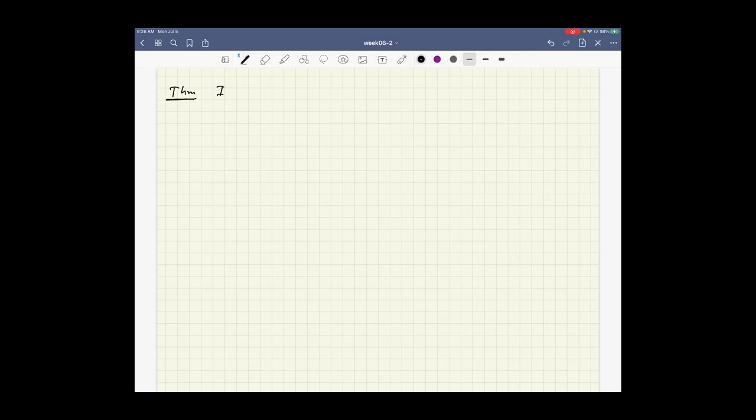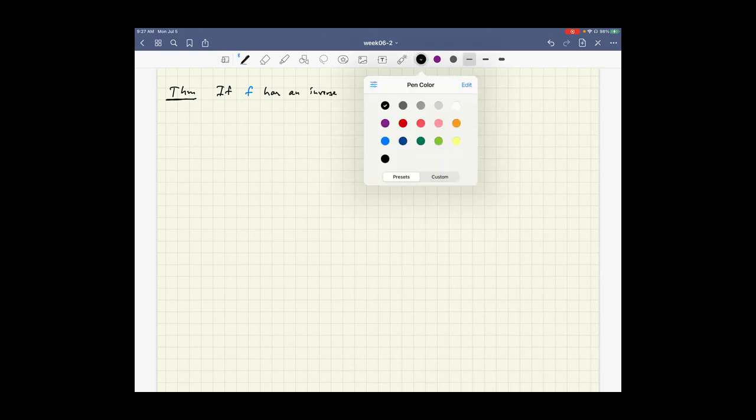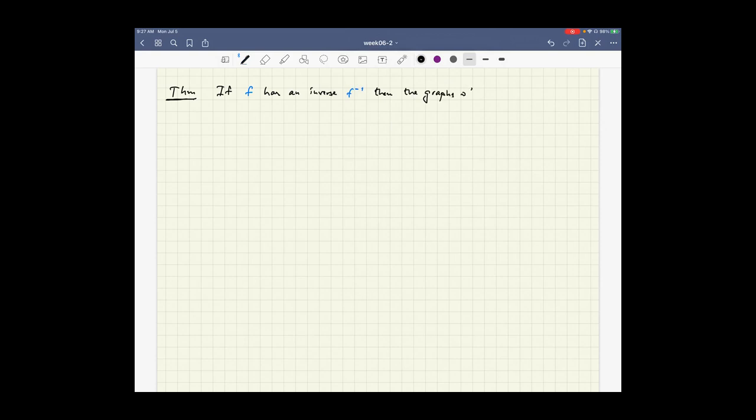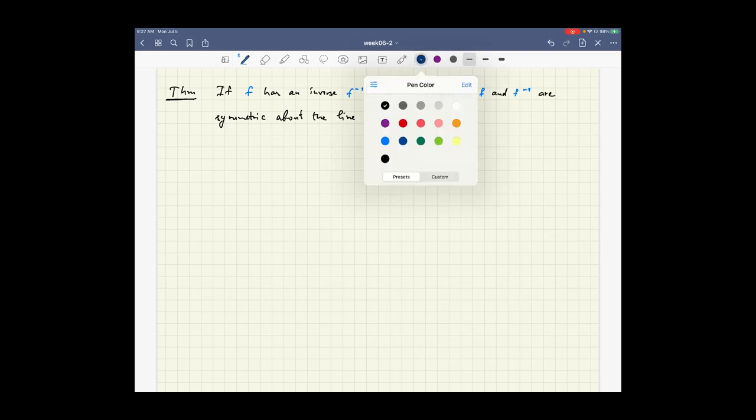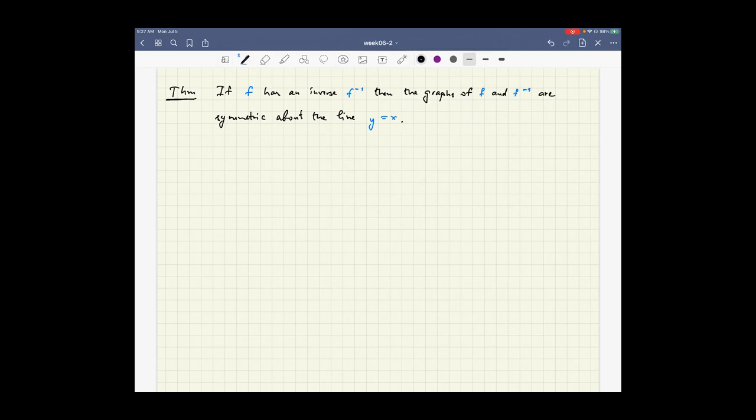We're explaining that if a function f has an inverse, unique of course, then the graphs of f and f inverse are symmetric about the line y equals x. A picture should be helpful here.